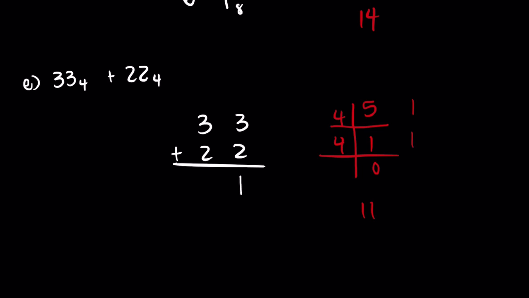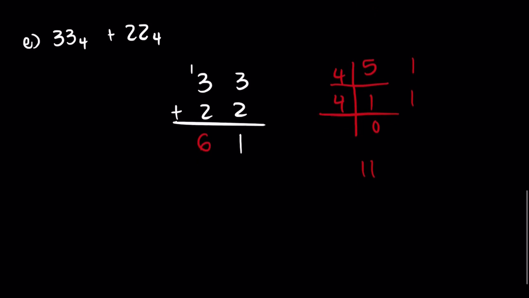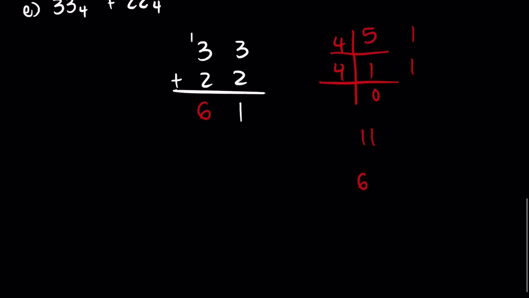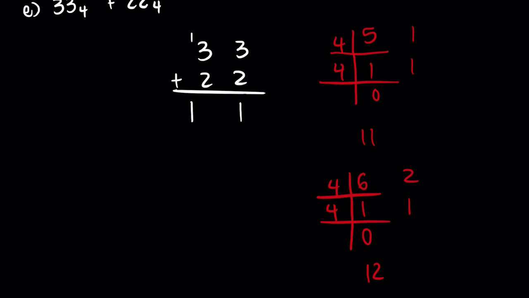We leave 1 and bring over 1. 1 plus 2 plus 3 is 6. But we need to convert this 6 to base 4. 6 divided by 4 is 1, remainder 2. 1 divided by 4 is 0, remainder 1, which is 12. So our answer is 121 base 4.